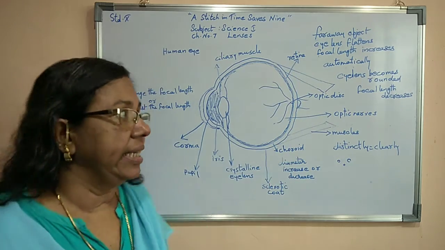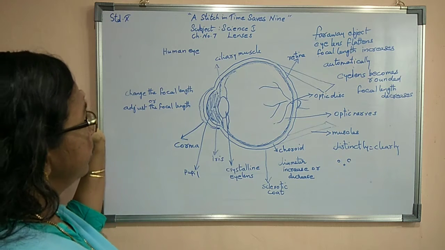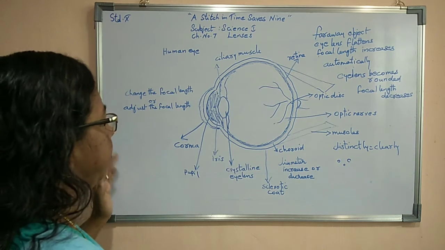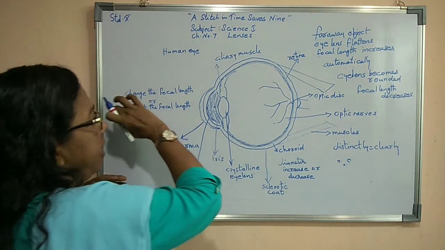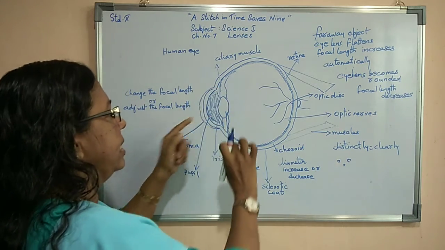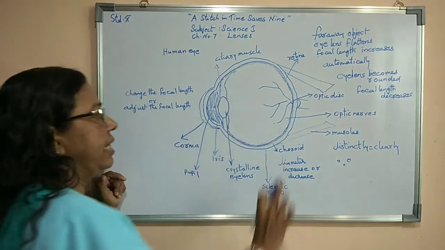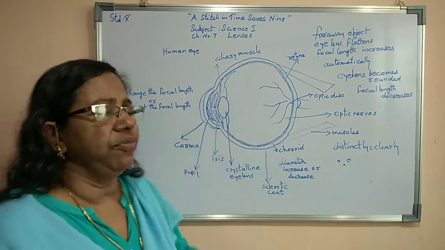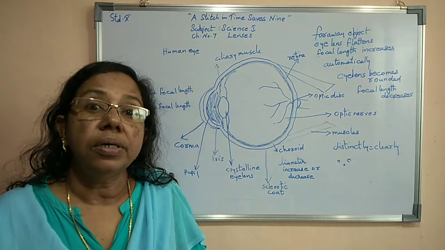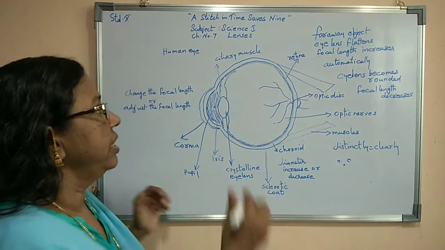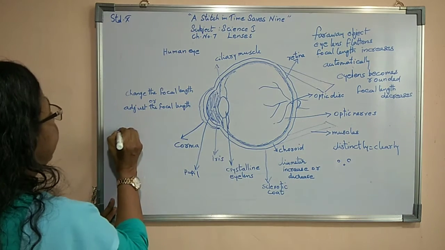Now one more thing is there, as and when the object is there, suppose the object is nearby or far away, the rays of light pass through the eye lens. As a result of it, on the retina an inverted image will fall, or an inverted image of the object will form.